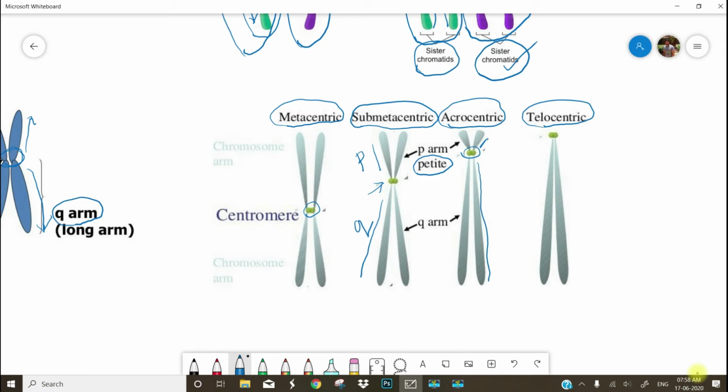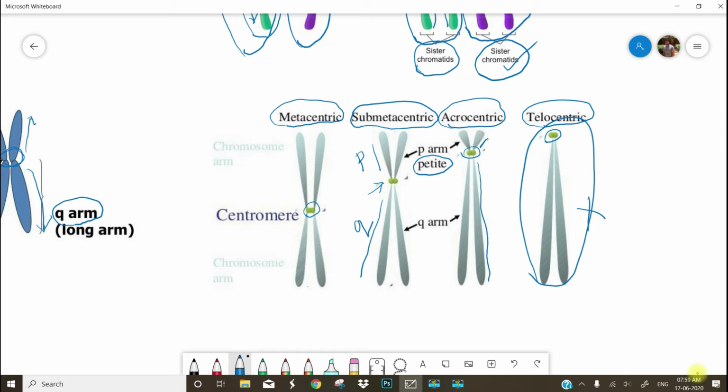The telocentric chromosome is very special in the position of the centromere. See, the position of the centromere is the extreme tip of the chromosome, and this telocentric chromosome is not seen in human beings. We have metacentric, submetacentric, and acrocentric chromosomes.